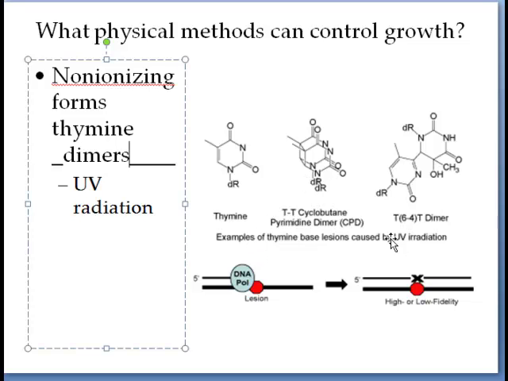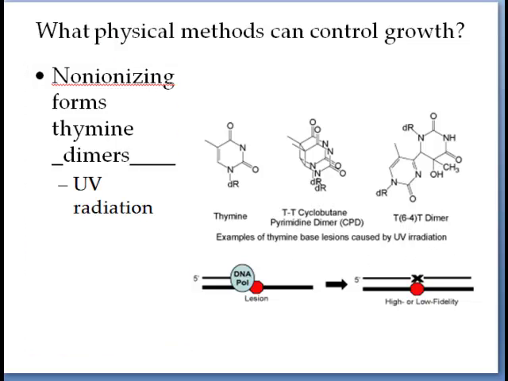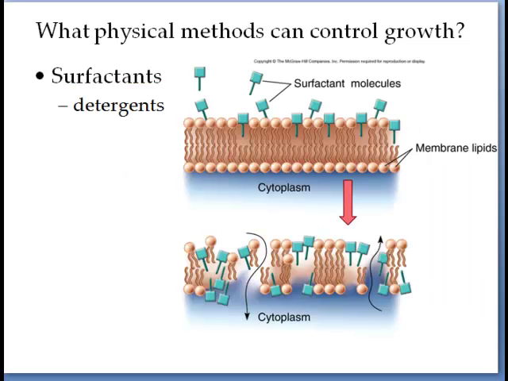These thymine-based lesions are caused by UV radiation, and when they are formed, they will affect growth of the organism. Sometimes these thymine dimers are formed even in cancer cells, but that's another topic totally. That's what a non-ionizing form will do.